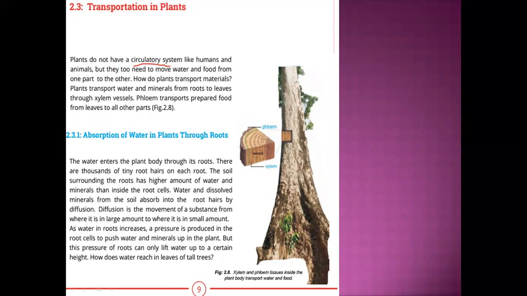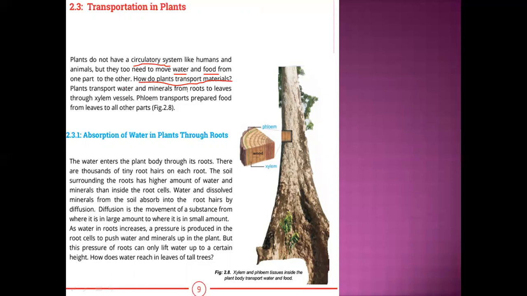Plants are also living organisms, so they also need water and food to grow. For that, the plants have to move water and food from one place to the other parts of the body. So how do plants transport materials?